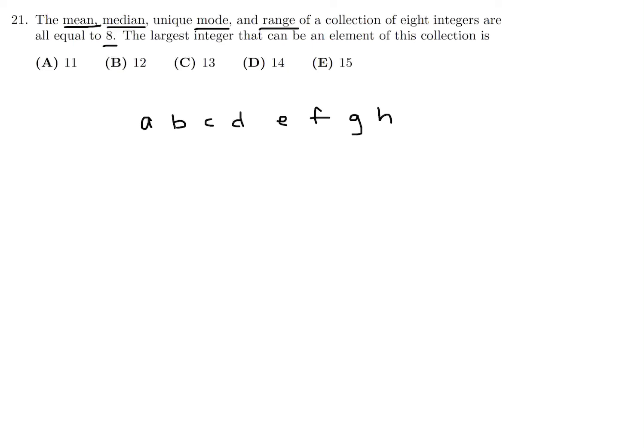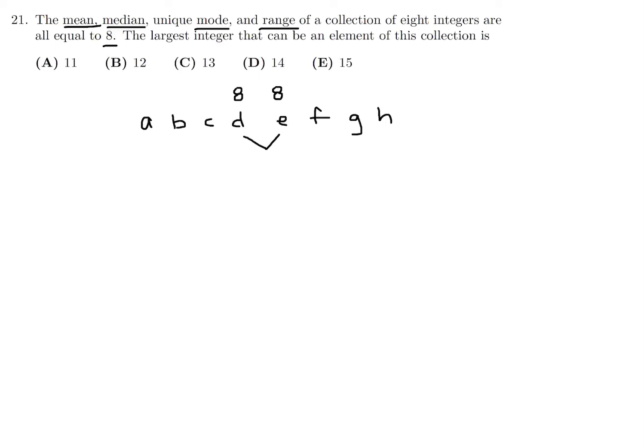Okay? So let's start with the median. If the median is 8, this is an even number, so that means that these two have to both be 8. That's the only way we can get the median to be 8, because the average of those two numbers is going to be 8.